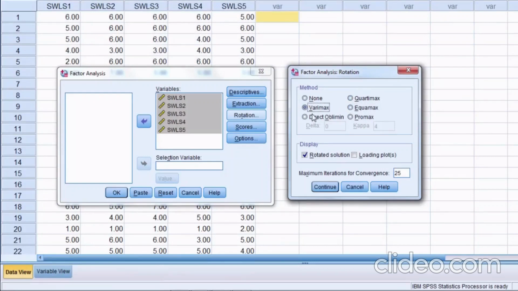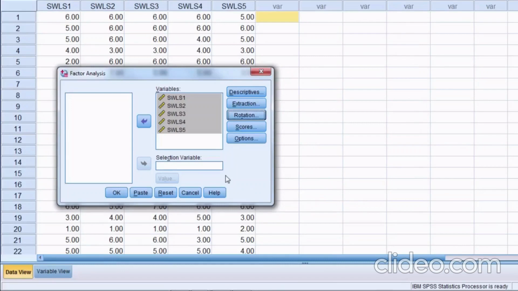So we'll select Varimax in this case, click continue, that looks good, and go ahead and click OK.